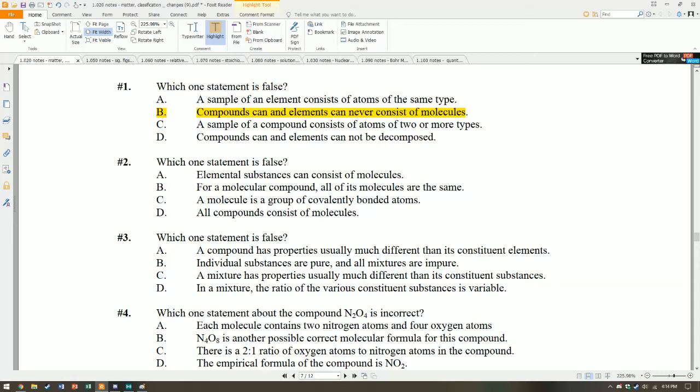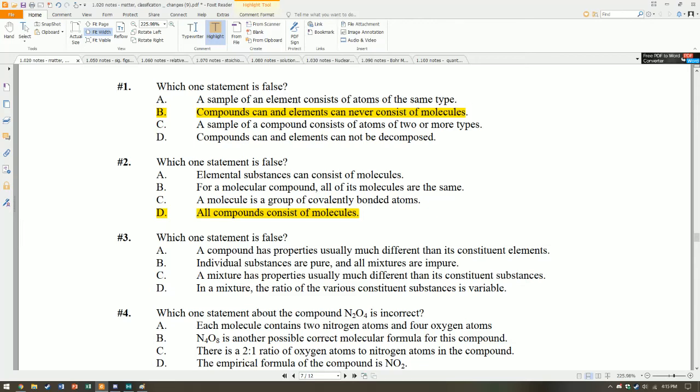For number 2, the answer is, it's a D, I think.